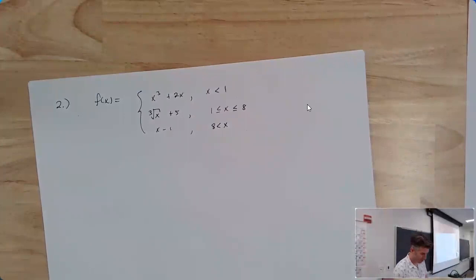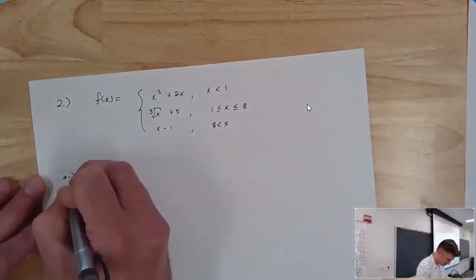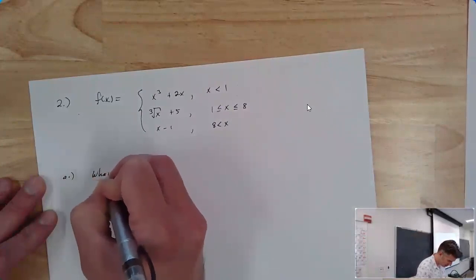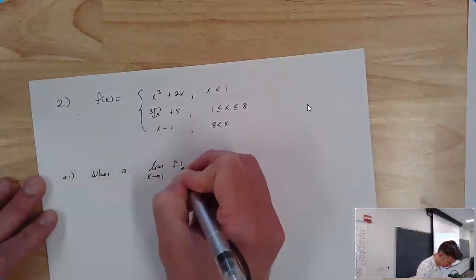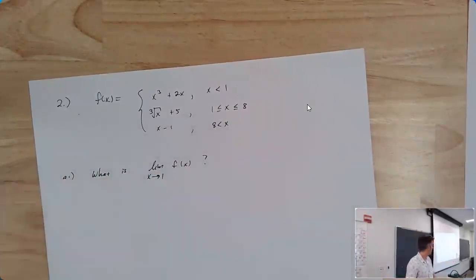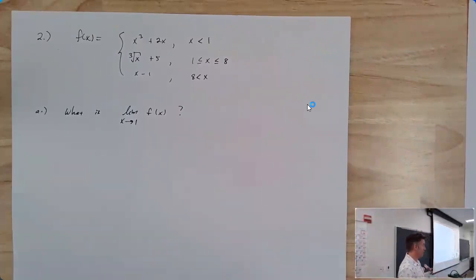Okay, so let's first ask ourselves, what is the limit as x approaches 1 of f of x? To look at that, I need to look at both sides, because there are different things happening on the left side and the right side of 1. So maybe the limit's going to exist, maybe not. Yeah.